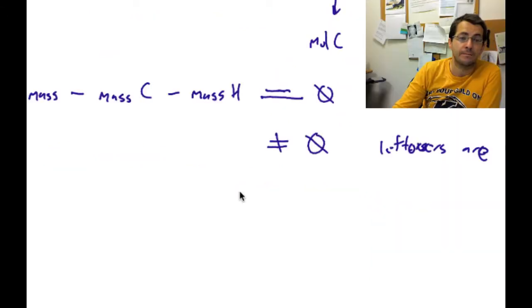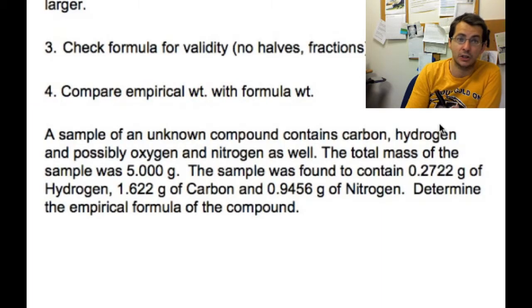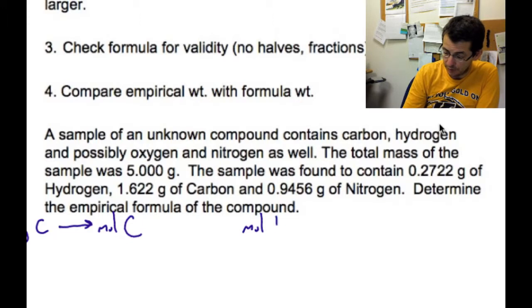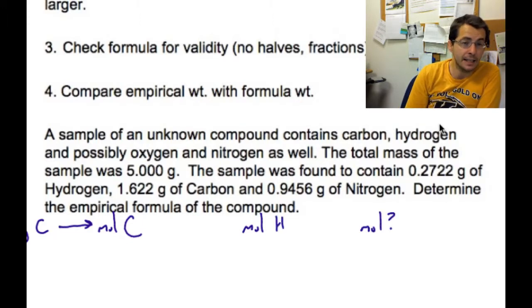Okay. So how do we go about this? Again, elemental analysis, determine the moles of each element. That's pretty simple. Take your grams of whatever carbon and convert it into moles of carbon. Once you have the moles of carbon, the moles of hydrogen, and the moles of whatever else, you divide them by the smallest.